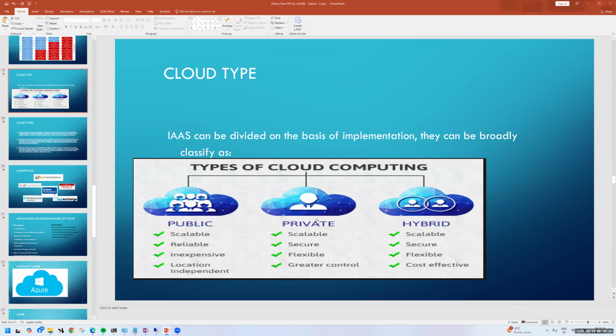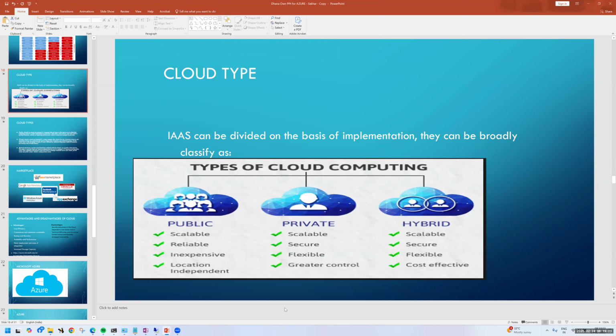Private application means only corporate people can access those applications. Hybrid means a combination of public and private. The hybrid cloud market leader is Azure, guys. No other cloud in the market provides such beautiful features as Azure does for hybrid cloud. Clear? That is the power of Azure private, public, hybrid cloud.